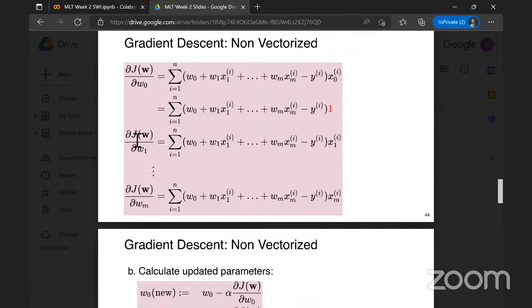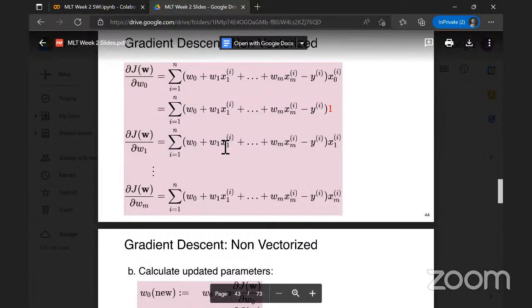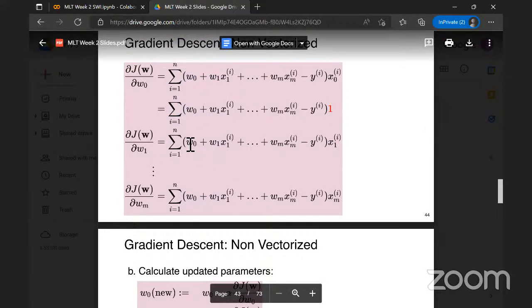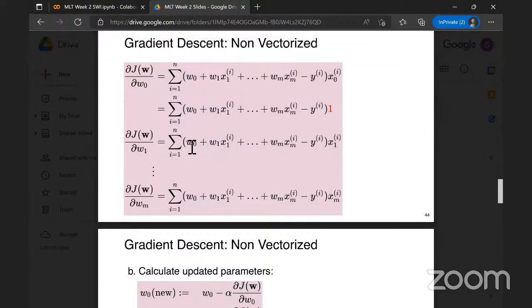Okay, look at this second equation with respect to W1. If you look at this whole expression, imagine that you want to differentiate only W0 plus W1x1 plus W2x2 up to WMXM with respect to W1 only, right?